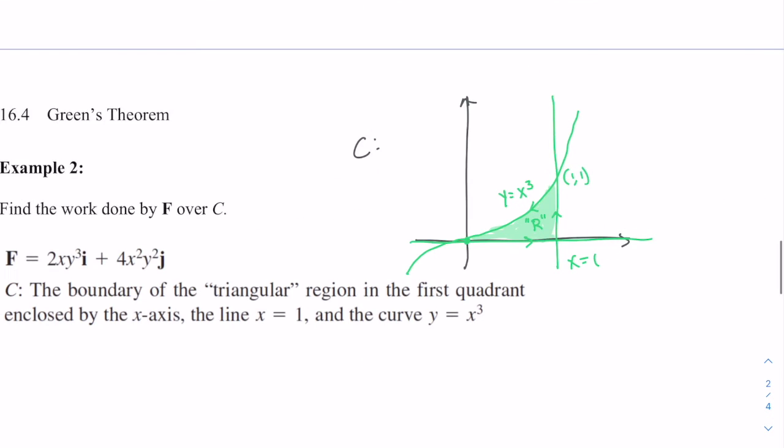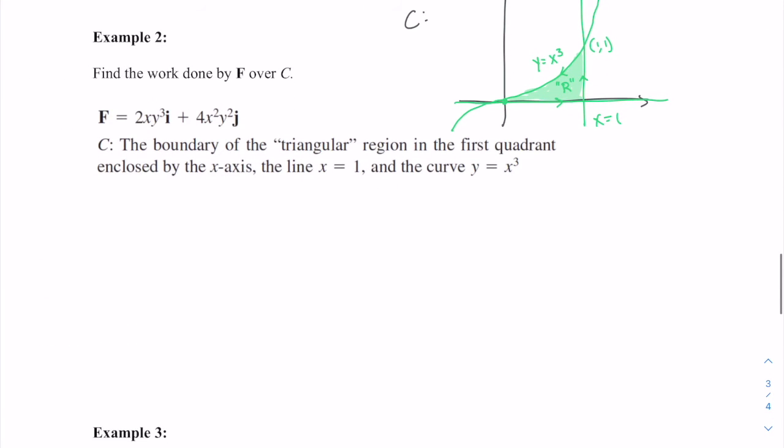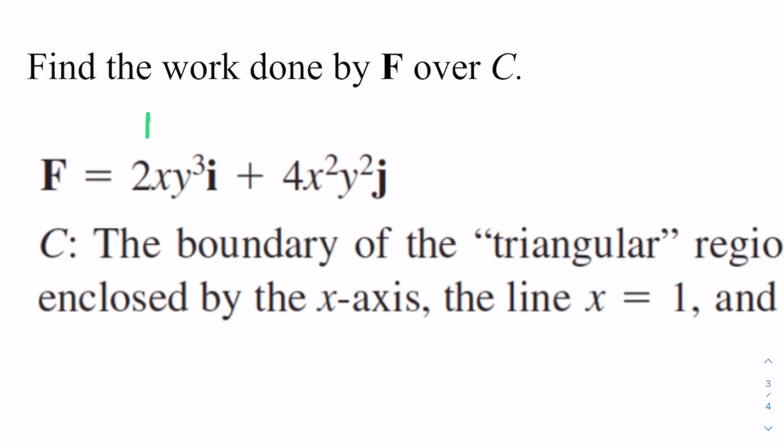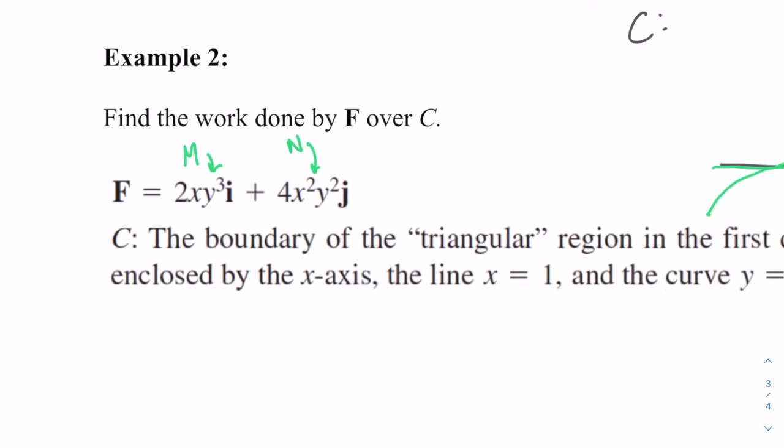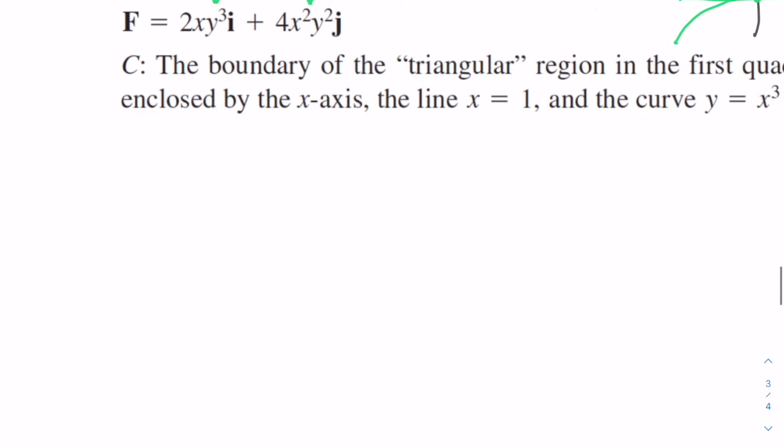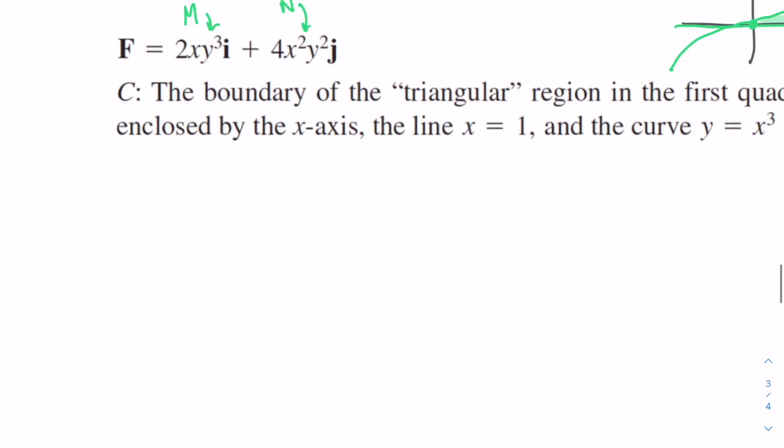So here's our region. So in this case, M is our 2xy cubed. Here's M, and here's our N. And now we know that work is the same. It's like the interpretation of circulation if F is a force field.